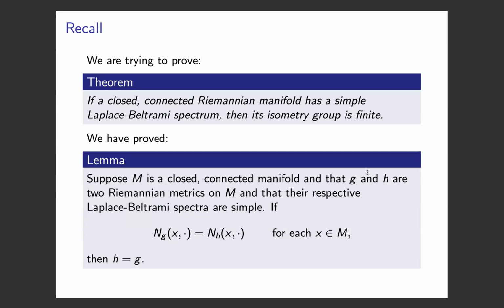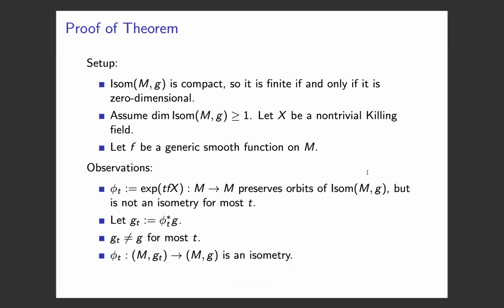We've just proved this lemma, which allows us to show that two metrics on a manifold are precisely equal as tensors if the local counting functions at each point are equal as functions of lambda, and the Laplace-Beltrami spectra are simple for both. We're going to use this lemma to prove the theorem by contradiction. Okay, so here's the setup.